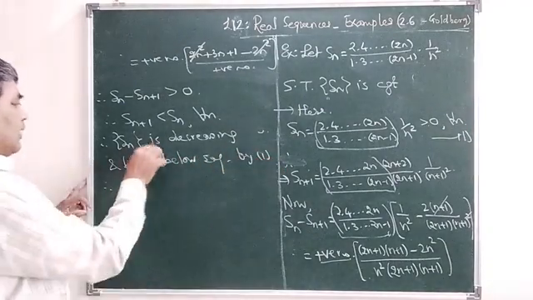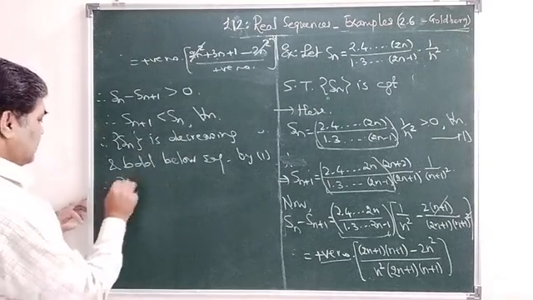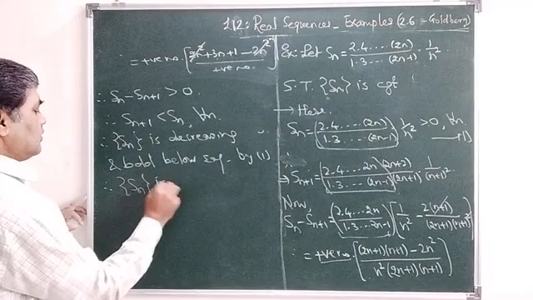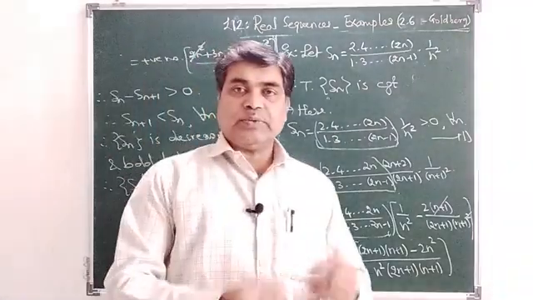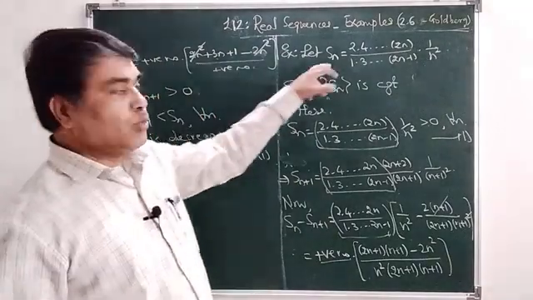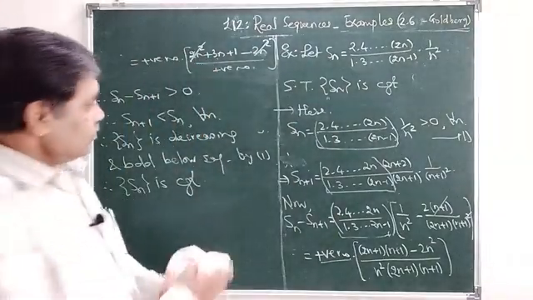And therefore we know that every decreasing bounded below sequence is convergent. Sn is convergent. Again, you can observe that its limit must lie between 0 and S1. S1 is 2 here. Okay.